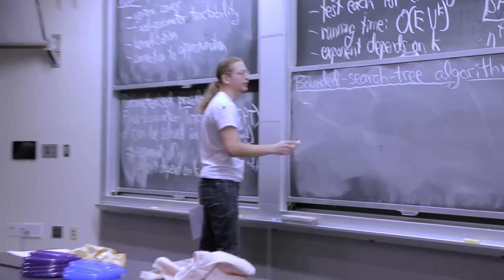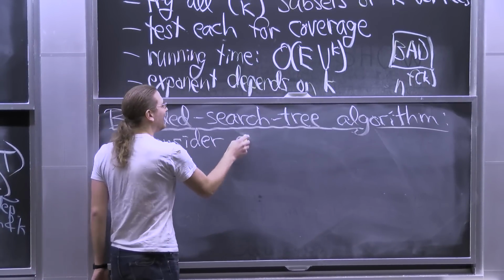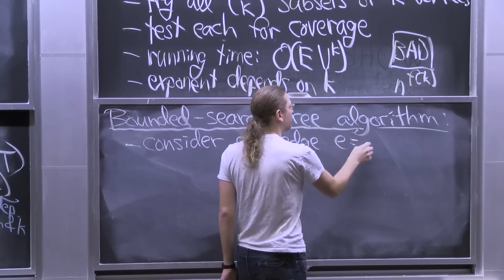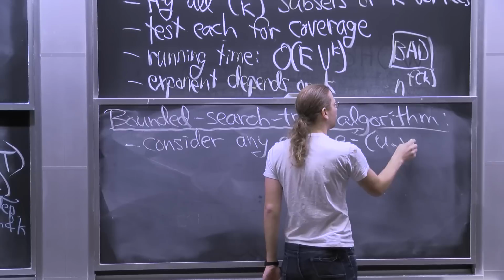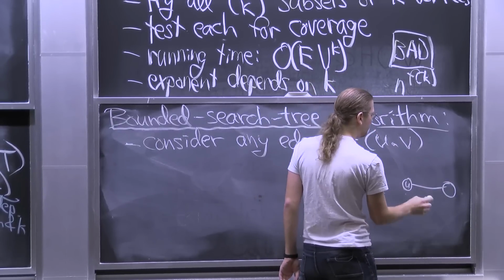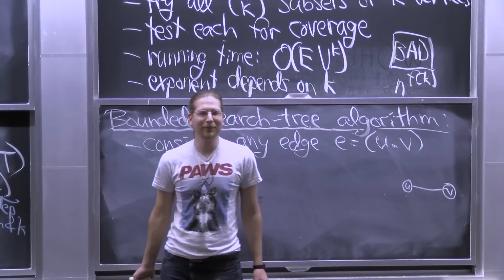First line is just like the two approximation algorithm. Look at any edge in the graph. Okay, here it is from U to V. What do I know about that picture?